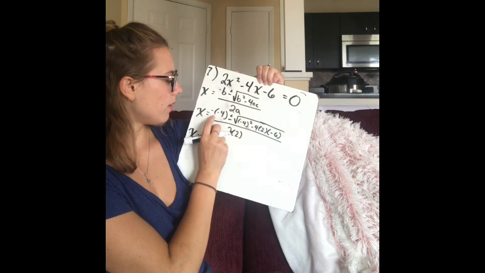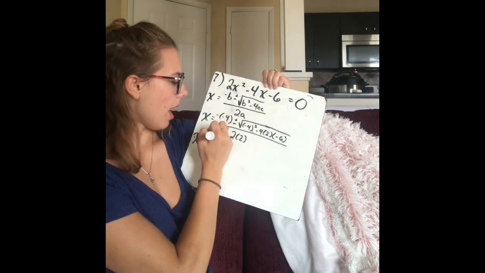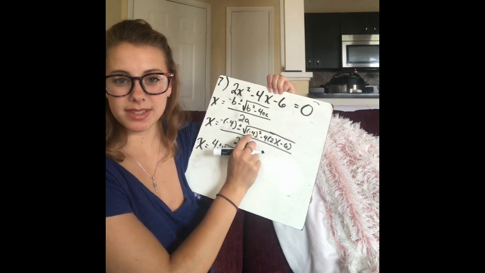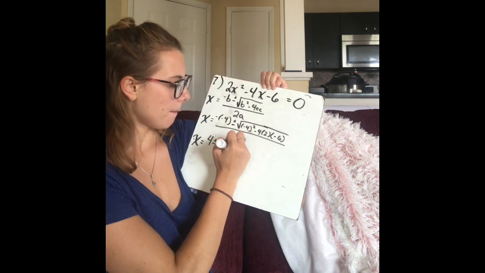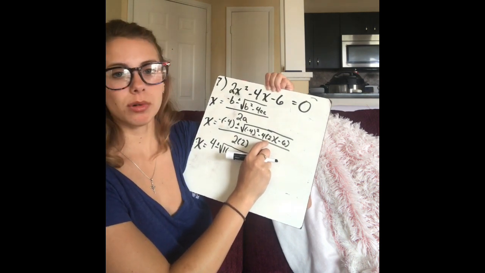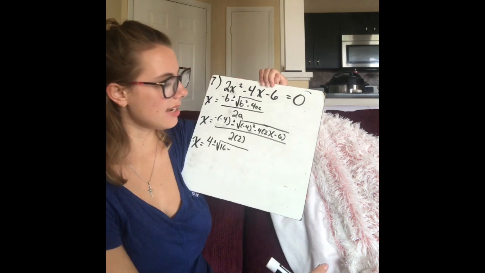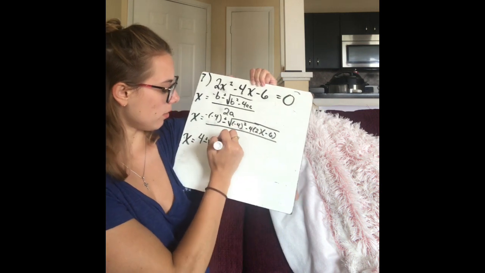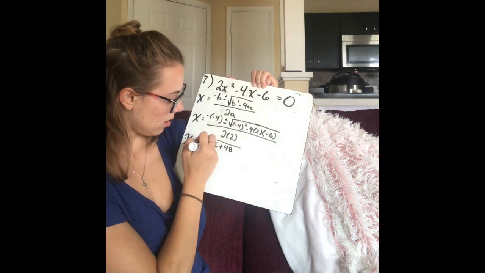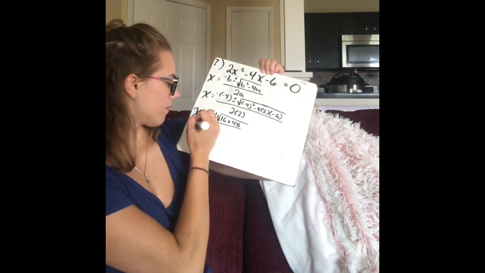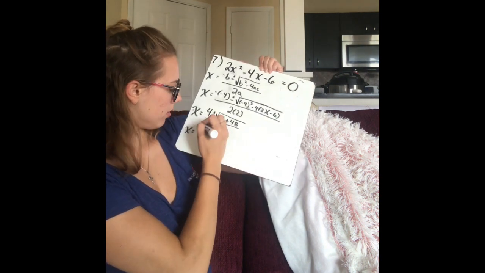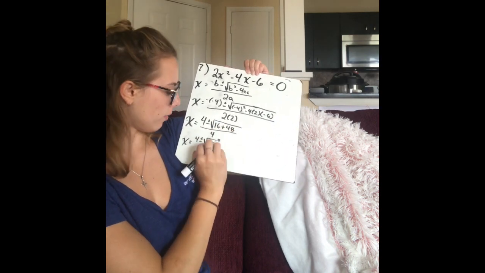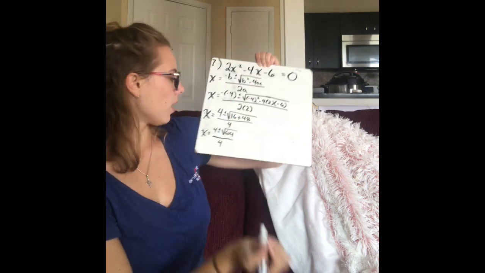So I end up with x equals negative negative 4 is positive 4 plus or minus the square root of negative 4 times negative 4 is 16 minus 4 times 2 is 8 times negative 6 is 48, but a negative times a negative is a positive, so this becomes plus 48 all over 4. X equals 4 plus or minus the square root of 64, because 16 plus 48 is 64, divided by 4.